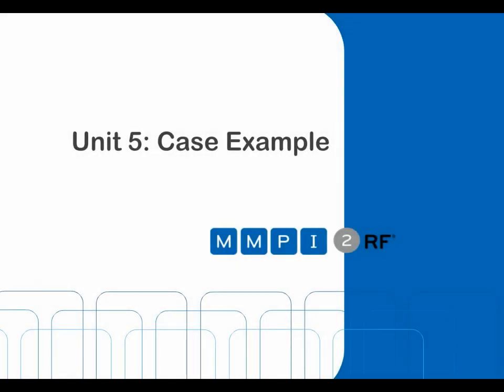Let's move into a case example. We're going to use the case of Mr. B to illustrate the process of MMPI-2-RF interpretation. Mr. B was, at the time that he was evaluated, a 47-year-old male who had recently lost his job. He also was experiencing some significant financial difficulties and marital problems.